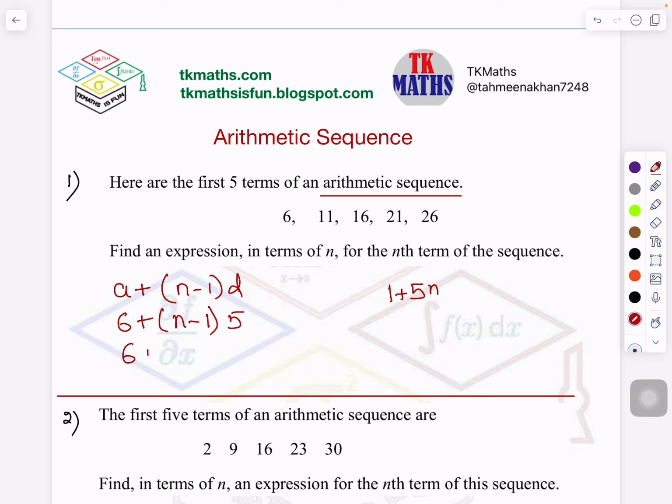So we got 6 + 5n - 5, which is 1 + 5n. If somebody wants to write it as 5n + 1, that is also fine. This is your nth term. Now if somebody says find the 13th term, in place of n you will write 13.